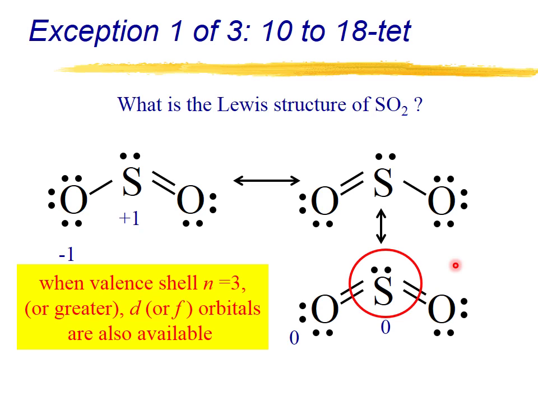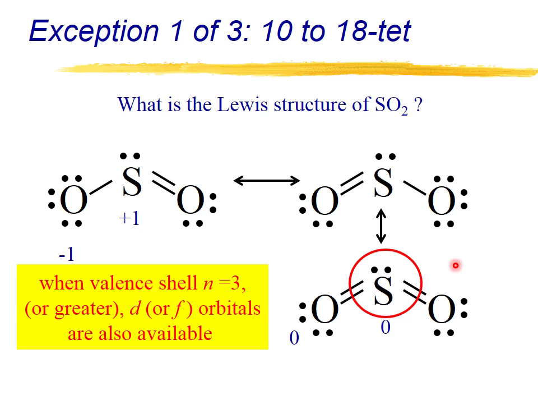If the valence shell is the n equals 3 shell or larger, d, and in some cases f orbitals are available, which is why the magic number goes from 8, the total number of electrons in an s and a p subshell, up to 18, the total number of electrons in an s, a p, and a d subshell. 2 plus 6 plus 10 gives you the 18.